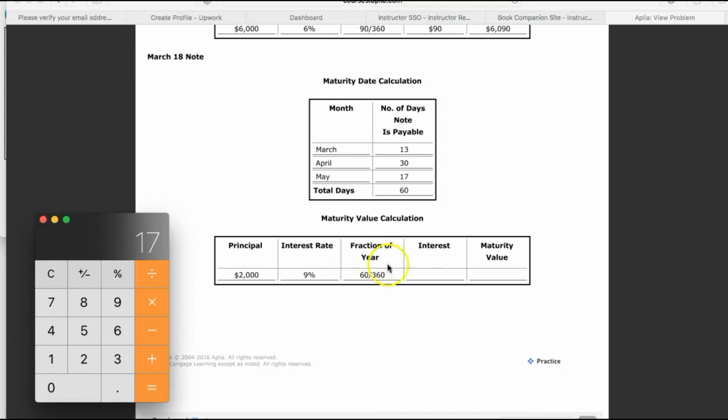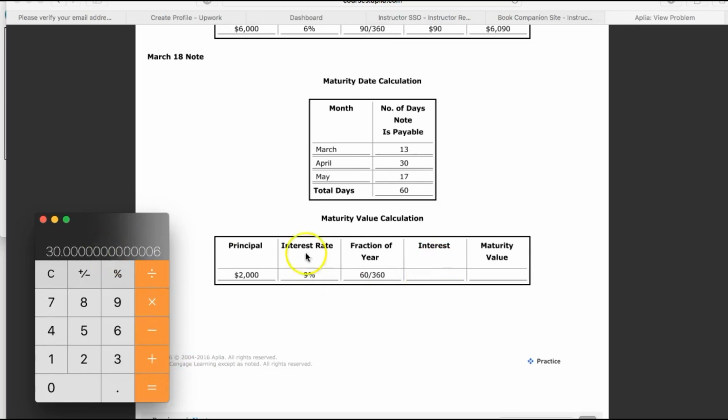Okay, so to calculate the interest, I'm starting with a fraction of the year. So 60 divided by 360 gives me 16.7%. I'm going to multiply this times our 2,000, and then multiply it again times 0.09, which is our 9%.